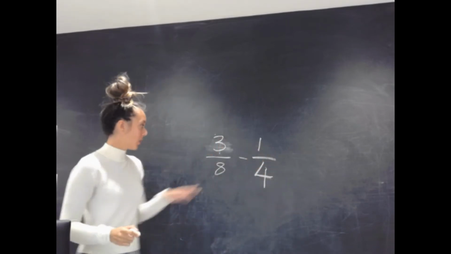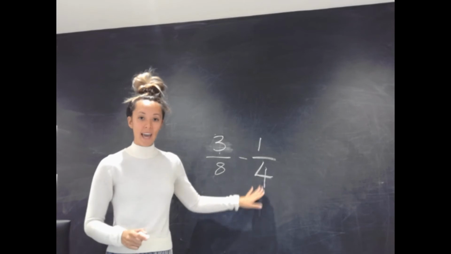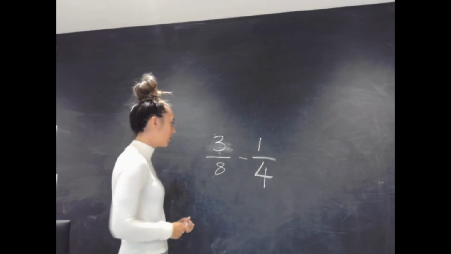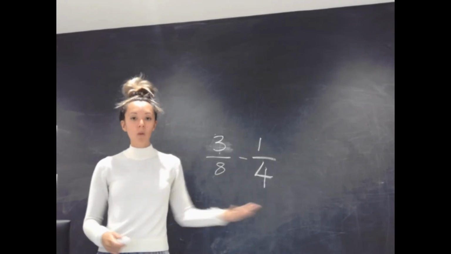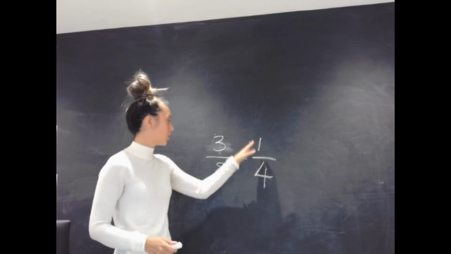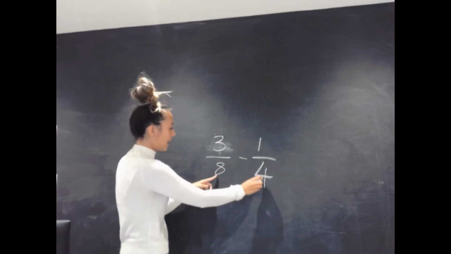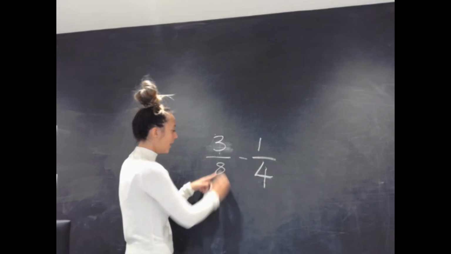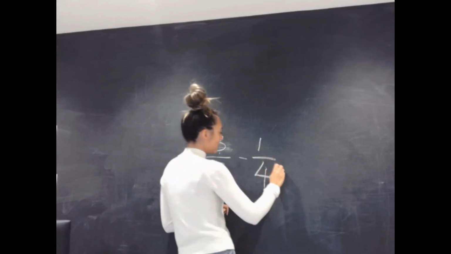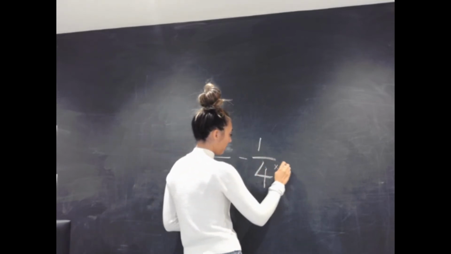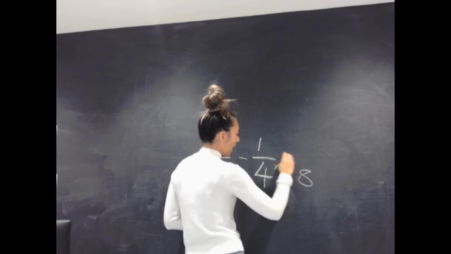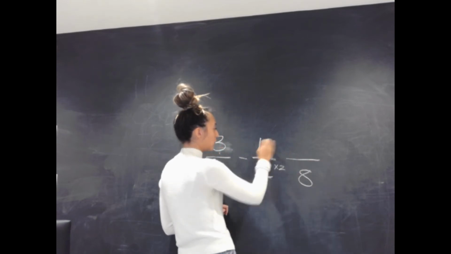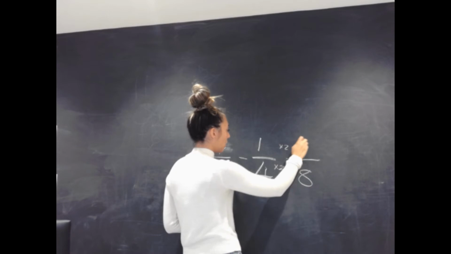Okay, so we have to turn this one into eighths to make it easy for ourselves. So whatever we do to the bottom, we have to do to the top. So how am I going to make this 4 into an 8? I'm going to times it by 2. So this will become 8, and I have to do whatever I've done to the bottom to the top, so I'm going to times that by 2.